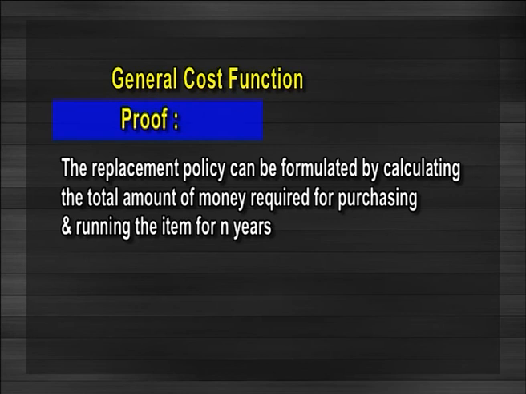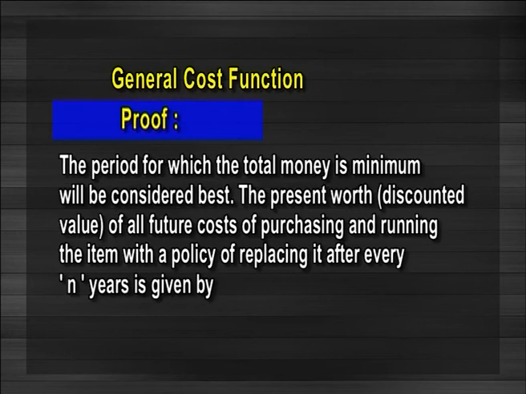The replacement policy can be formulated by calculating the total amount of money required for purchasing and running the item for n years. The period for which the total money is minimum will be considered best.